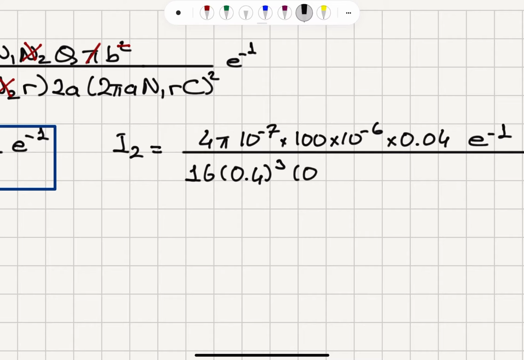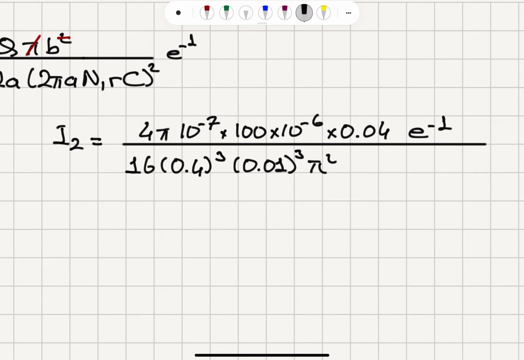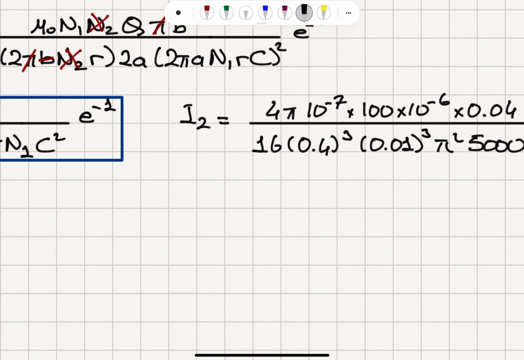Resistance per unit length, 0.01 ohms per meter cubed. Pi squared. Number of turns in the first coil, 5,000, and capacitance 10 microfarads squared. So this gives me an answer for the current in the smaller coil, 365 milliamperes.